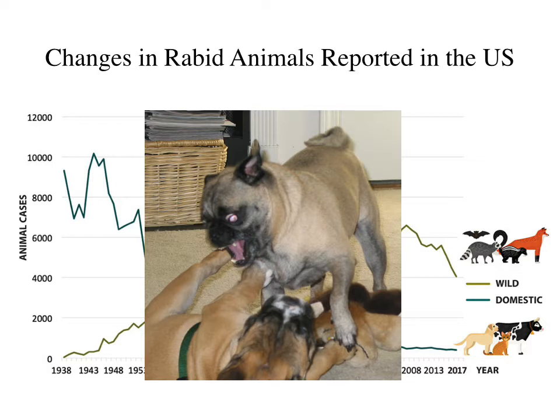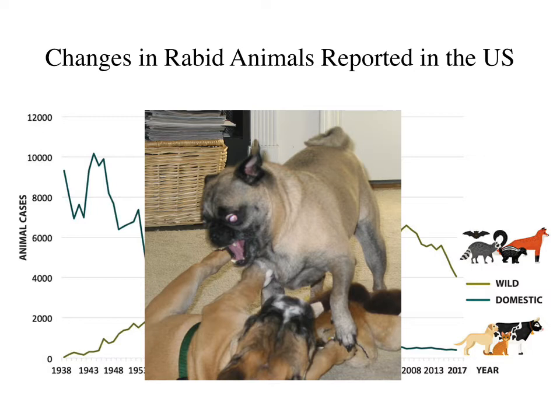So in 1938, most cases of rabid animals reported were domestic, and some were wild. Since then, the numbers have reversed. In 2017, there were 400 cases of rabid animals reported that were domestic, and 4,000 cases that were from wild animals.